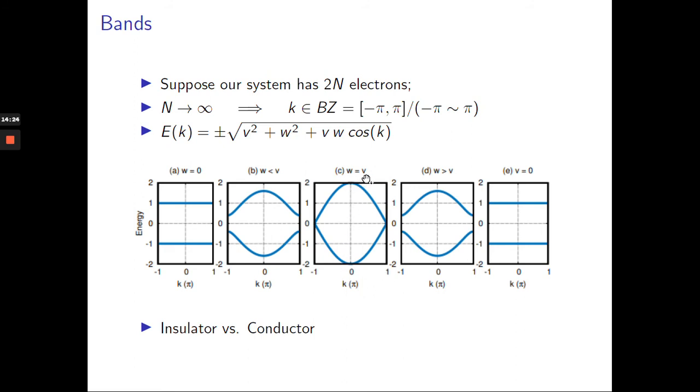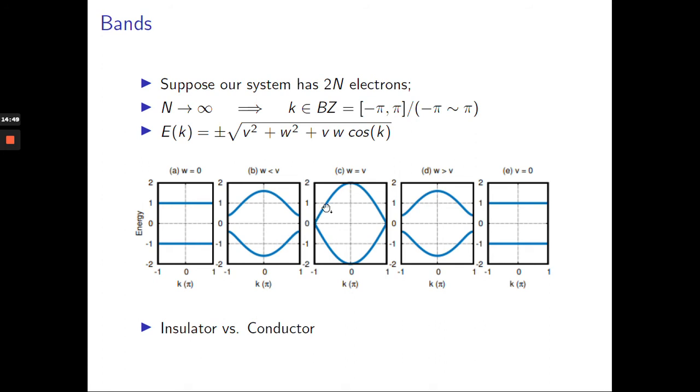When w equals v, we get this band structure. So when v equals w, there is actually a point where the energy becomes 0, and that point will be k equals pi or minus pi. So it's the same point. Minus pi and pi are the same point.